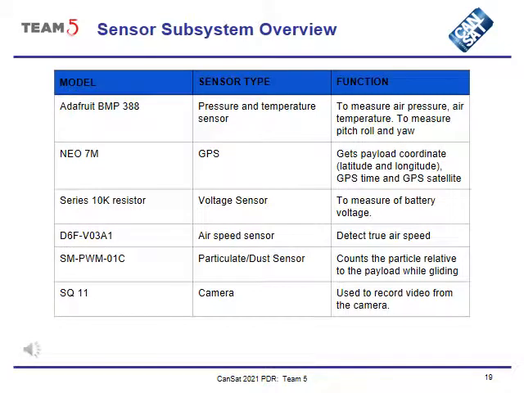Okay, so here we have different models of sensors as well as their function. For example, the pressure and temperature sensors, which are used to measure air temperature and air pressure. We have a GPS to get the payload coordinates. We have a voltage sensor to measure the battery voltage, an airspeed sensor, a particulate dust sensor, and a camera used to record video.